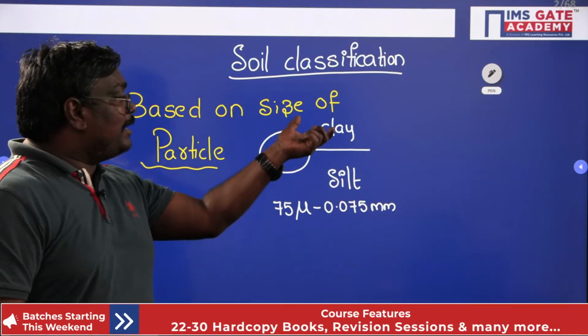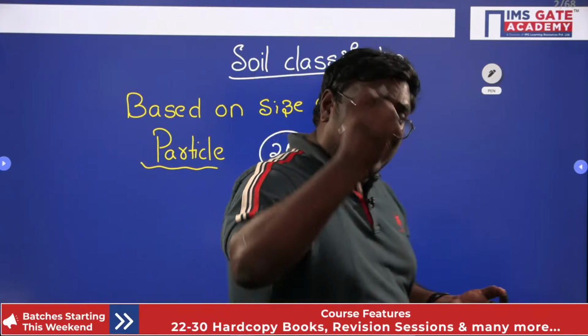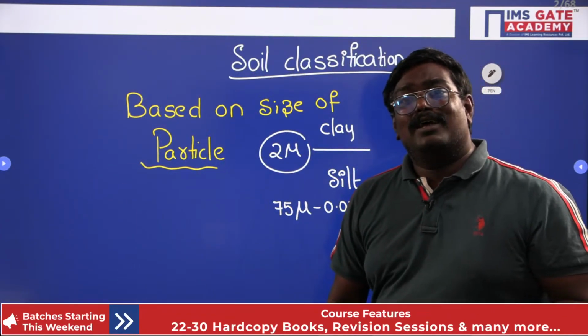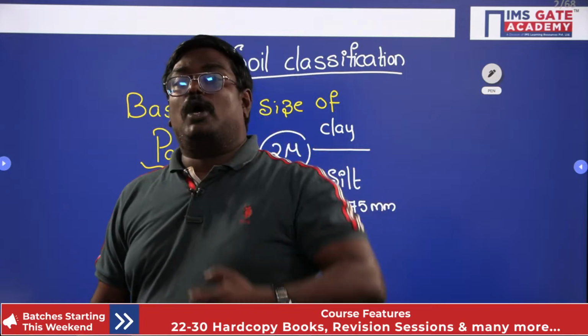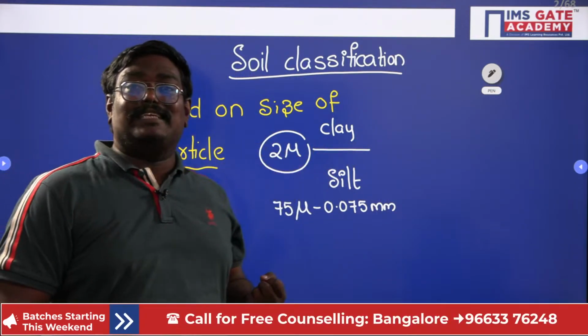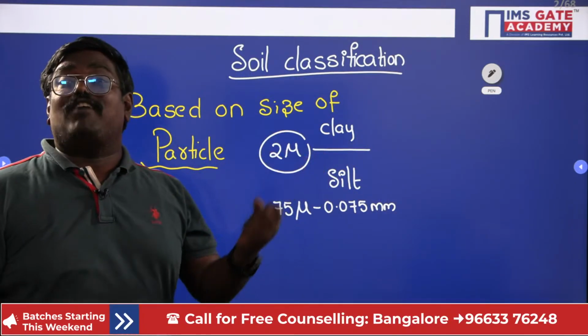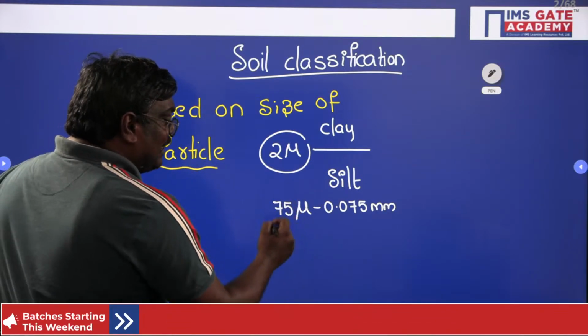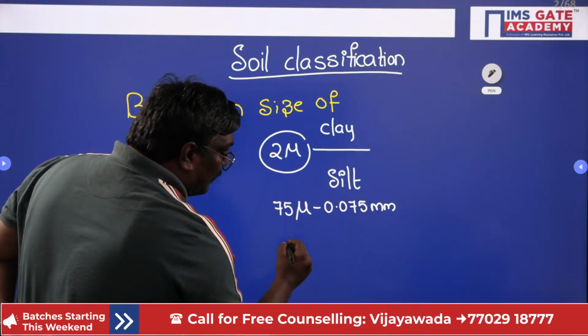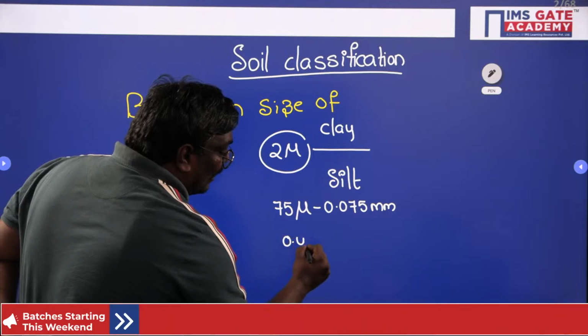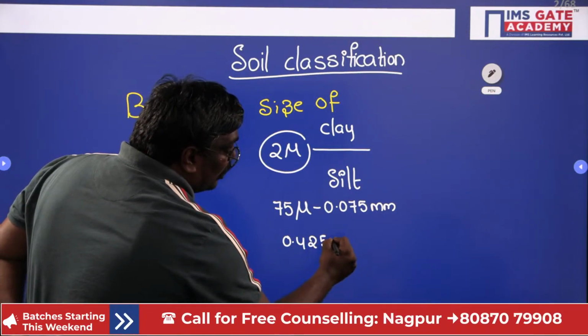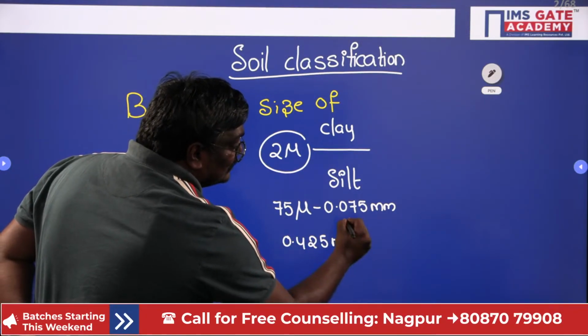Here, when I talk about fine grain, we have two types of soils: one is clay and the other is silt, and both are related to fine grain. When the size is 0.075 mm to 0.425 mm, we call it fine sand.